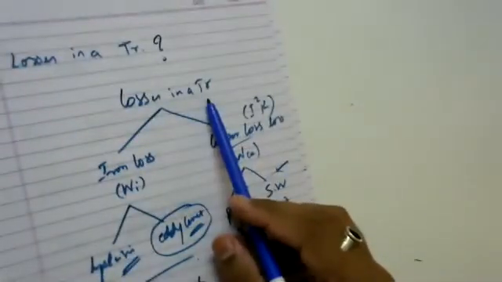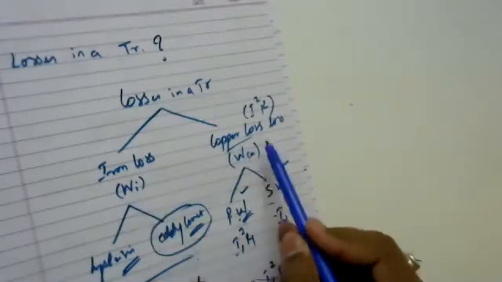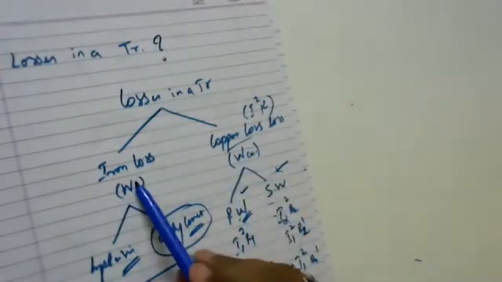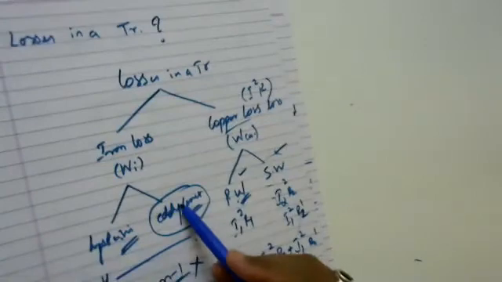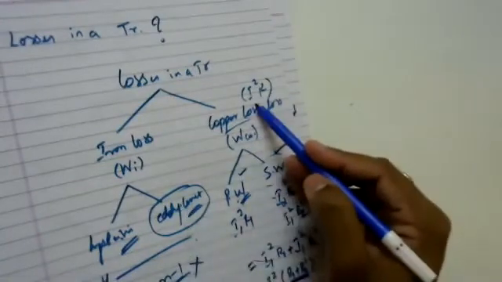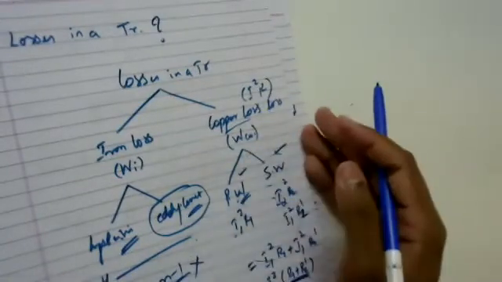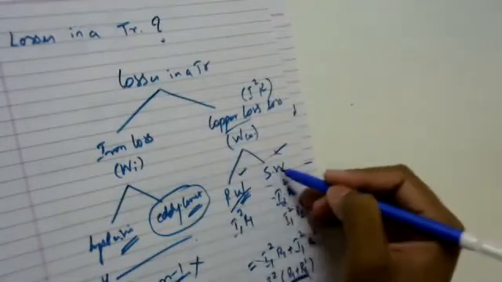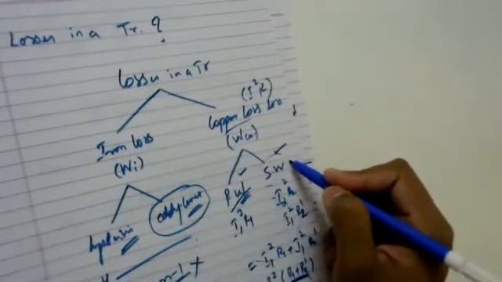You need to just remember that the losses in a transformer are of two types. One is iron loss, one more is copper loss. Iron loss is of two types: hysteresis loss and eddy current loss. Copper loss occurs at two places in a circuit, one on the primary winding, one more on the secondary winding.